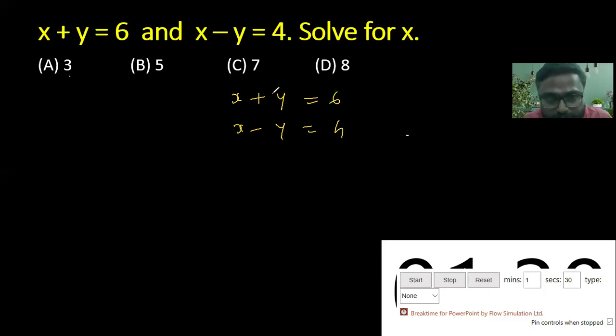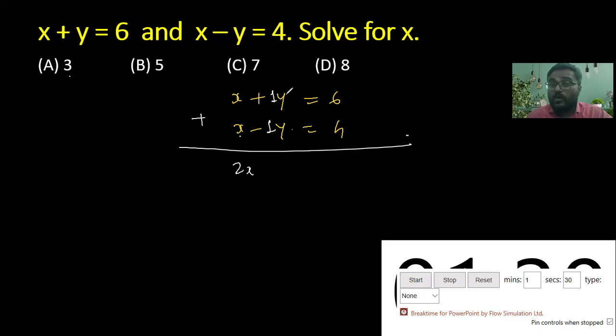So let's say here I'm putting it as 1 over here, 1 over here. So same variable, which is y, same coefficient, which is 1, but the sign is opposite. That's what we need. If you get that, you can just add up the equation. So this becomes x plus x is nothing but 2x. 1y minus 1y becomes 0.